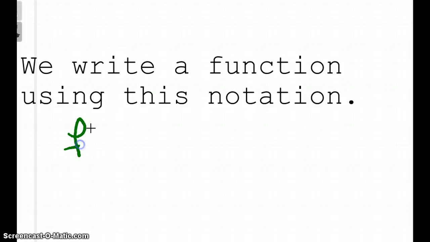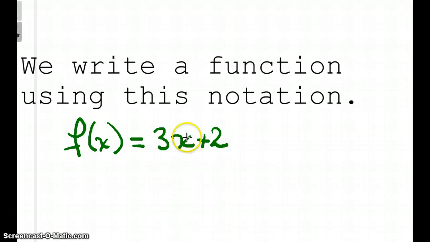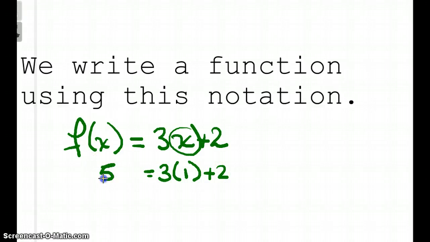Well, we write f of x is equal to 3x plus 2. We choose the x. Let's choose 1. And it generates 3 times 1 is 3 plus 2 is 5.